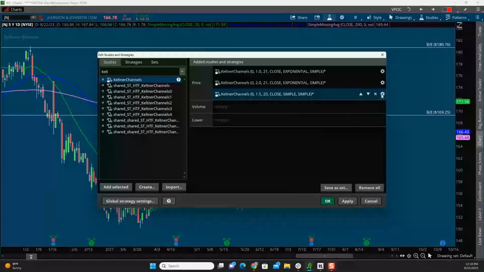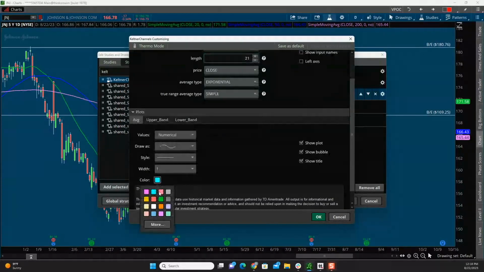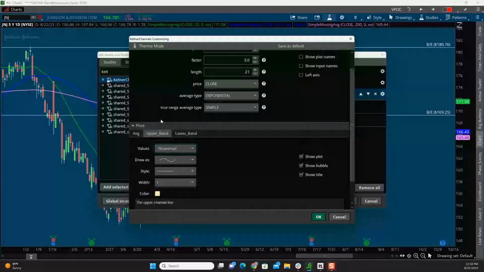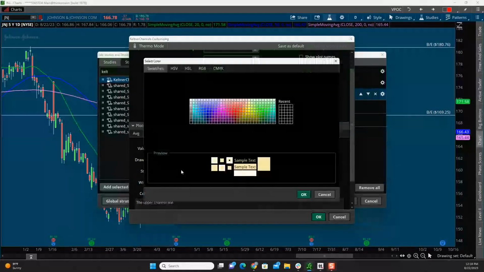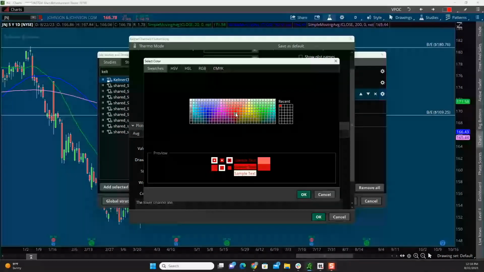Go to the next one. This is going to be the 3. Average type exponential, 21, white. And then these bands I make red. I have it as red because it tells me, all right, price is extended, like a rubber band stretched, and it's more than likely not going to stretch any further.